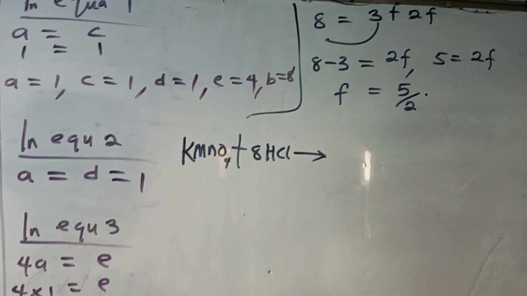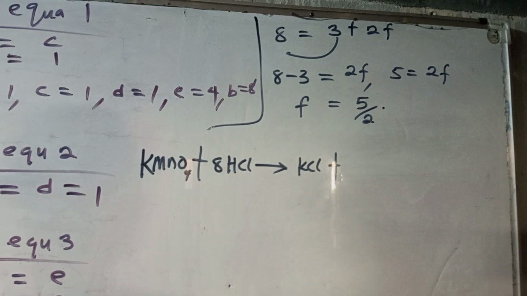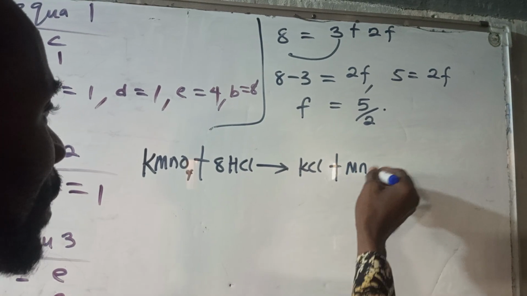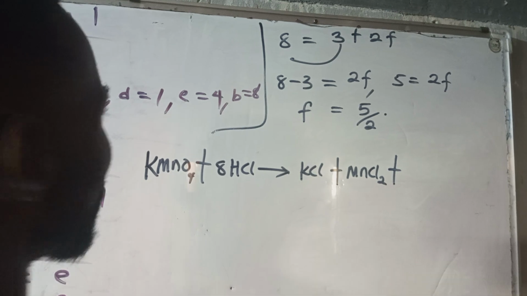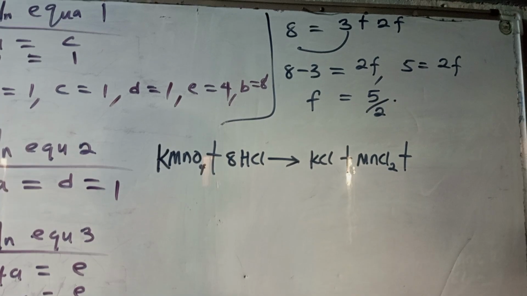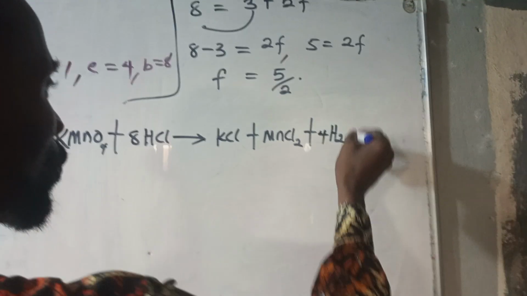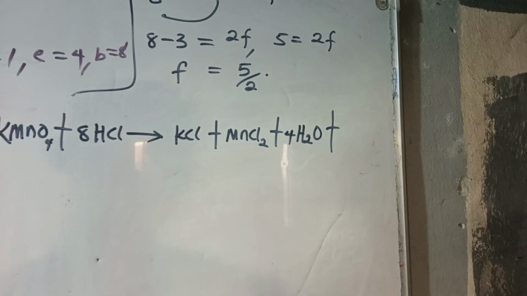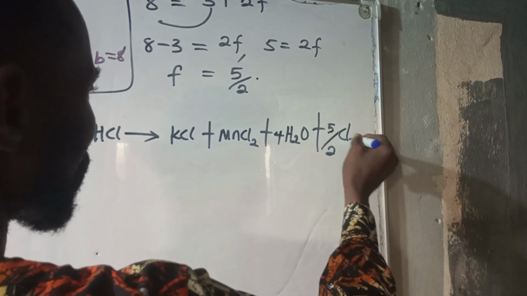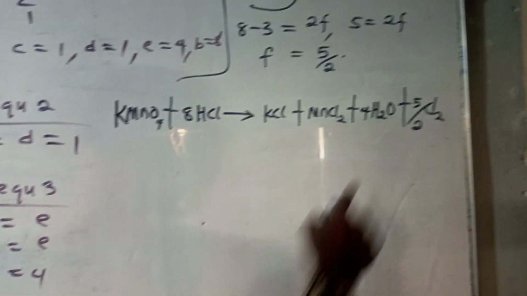For my C is 1, so I have KCl plus my D, the value of D is 1, so I have MnCl2 plus my E, the value of E is 4, so I have 4H2O, then plus my F, 5 all over 2Cl2. But now this equation cannot be assumed complete or balanced because we have a fraction here.